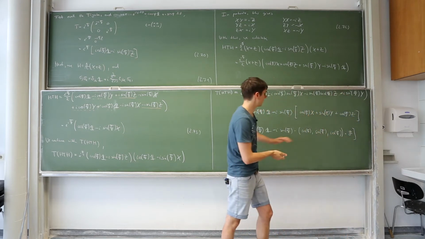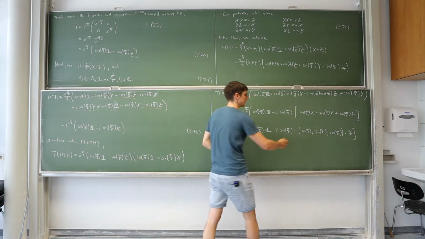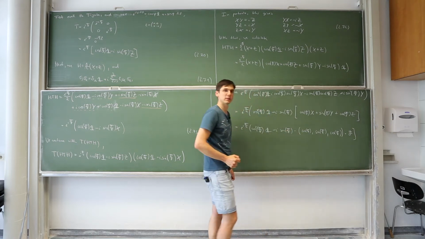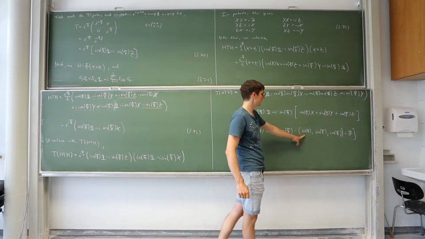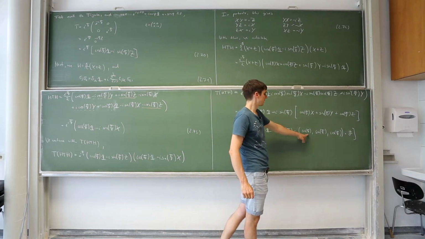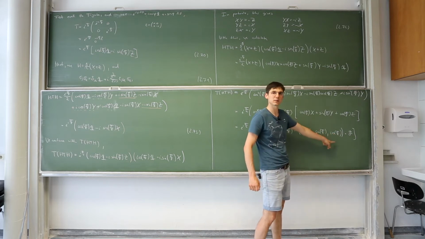Right, so we wrote this now as a vector times the vector, the Pauli matrices. But this is not yet a normalized vector, so let's normalize this. If we normalize this, we have to divide by the square root of cosinus squared plus sinus squared plus cosinus squared. It gives a square root of 1 plus cosinus squared.